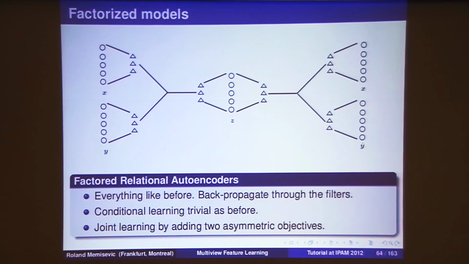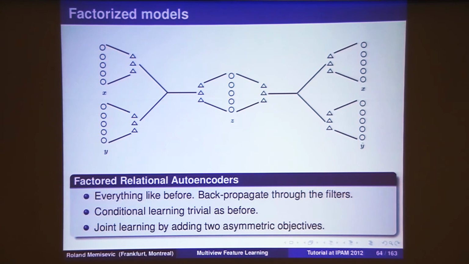Project x onto filters, project y onto filters, have a layer that computes products between corresponding filter responses, and then let hiddens just compute sums over those products. This is just one half of the RBM factored model that you saw before. And then you just have to add a decoder that does the opposite. It just undoes the whole thing.